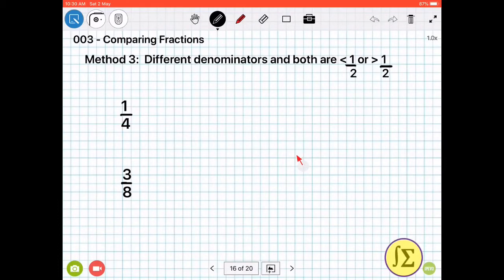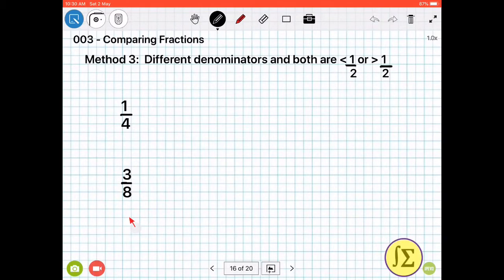Let's compare these two fractions, 1 over 4 and 3 over 8. As we can see, the denominators are not the same. So to compare, we need to make the denominators the same, right?